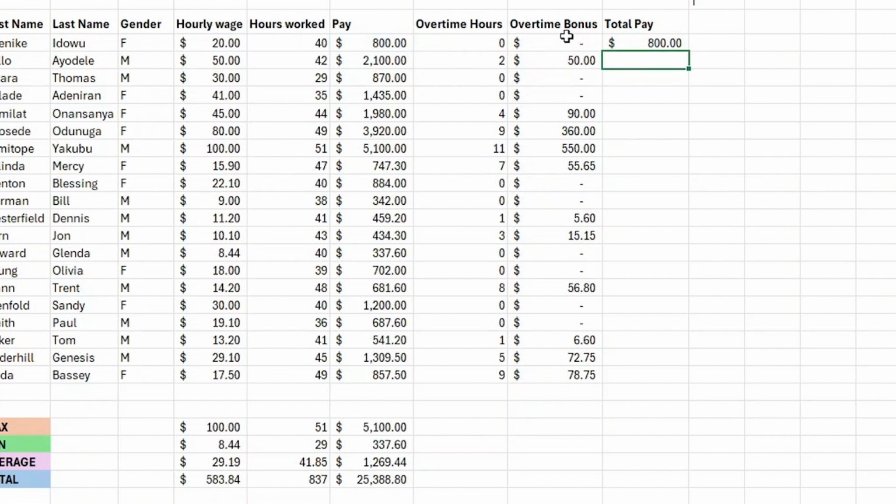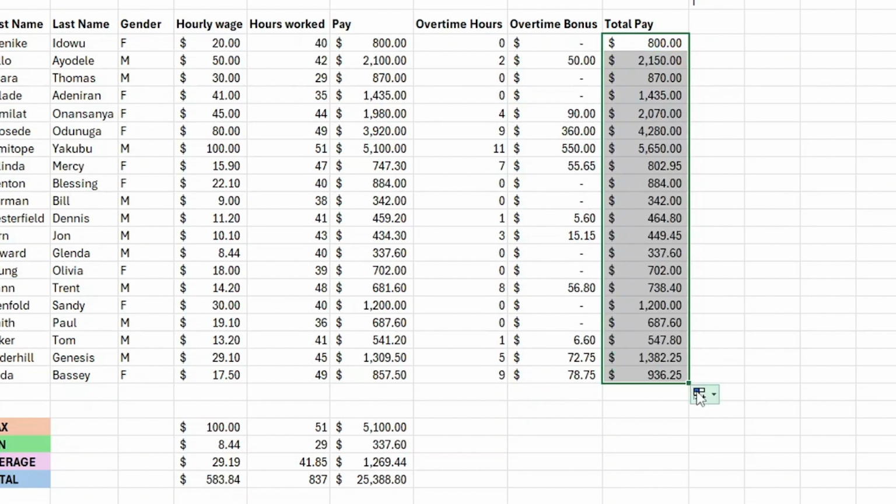Click enter. You will notice that this same lady, Adenike, does not still have overtime bonus, so it's still remaining just her usual pay, which is 800. Can you see? So that means the formula is correct. So let's self-fill. Yes, now look at that.